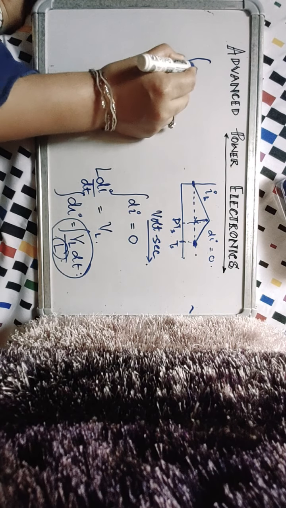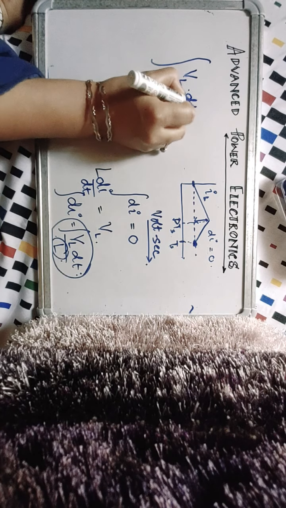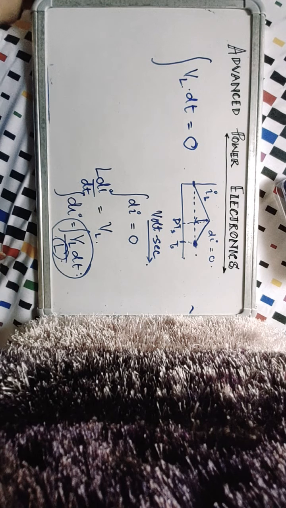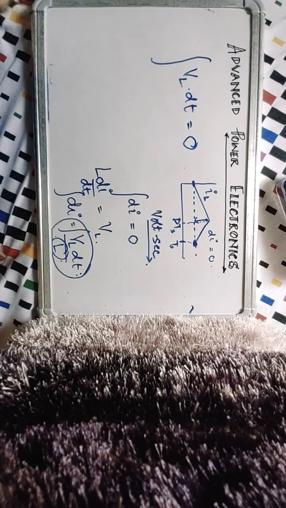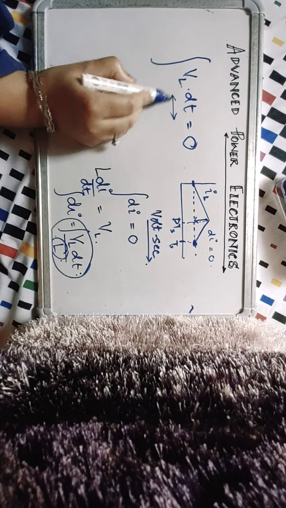So the integral of voltage across the inductor over the entire time period should be 0, which is the volt-second balance. And this is what signifies that an inductor has retained its basic property of neither consuming energy nor giving away any energy, it stores and releases. So we are essentially putting that mathematically.